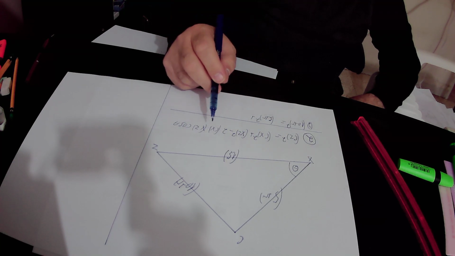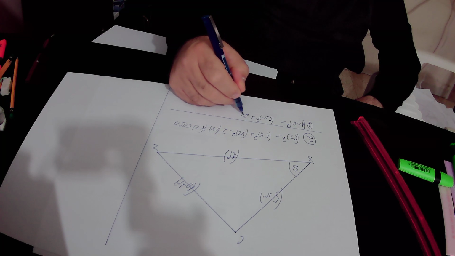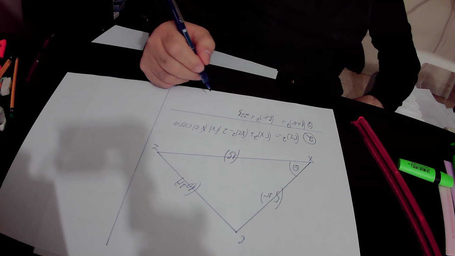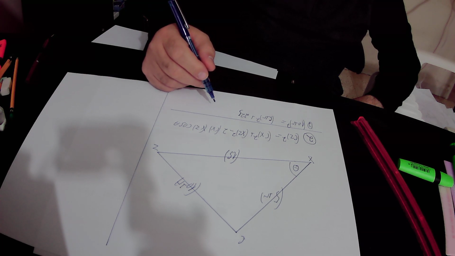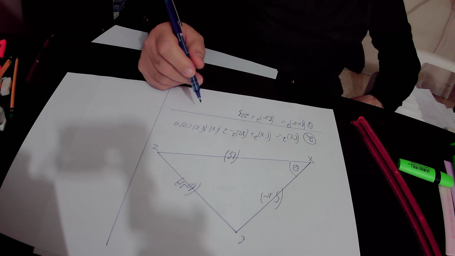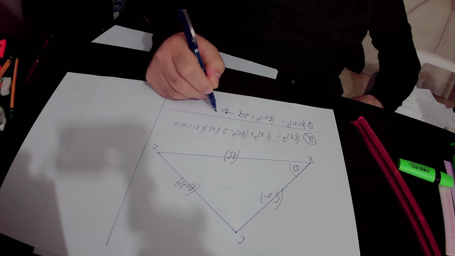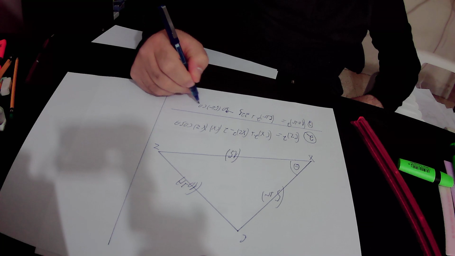XZ is equal to 15, so XZ squared is 15 squared, that is 225. Minus 2 times (5 plus R) times 15 is minus 30 times (5 plus R) times cosine theta.